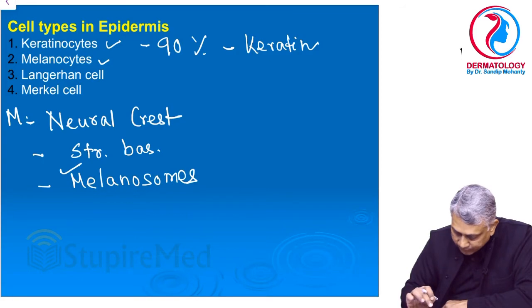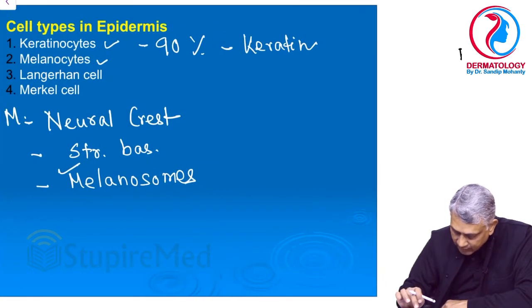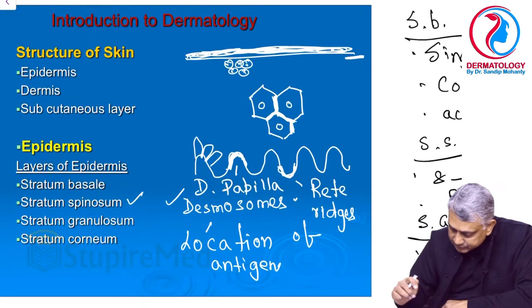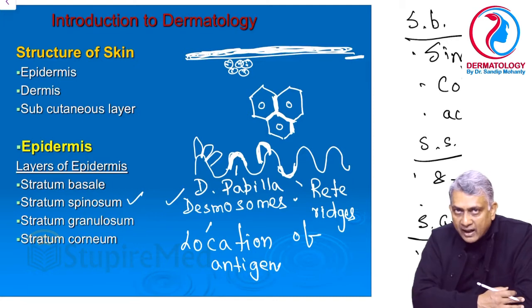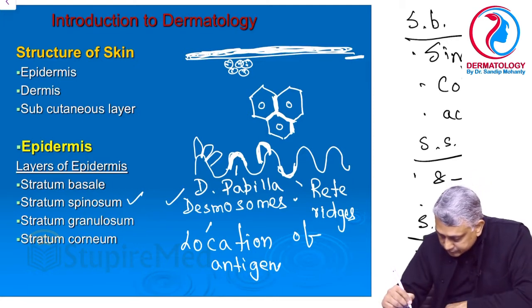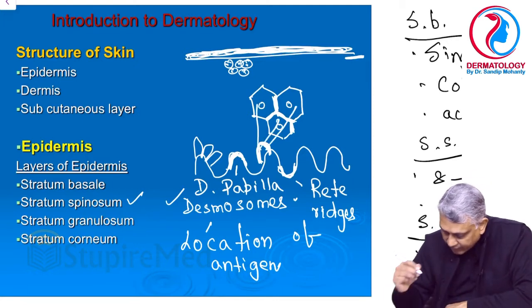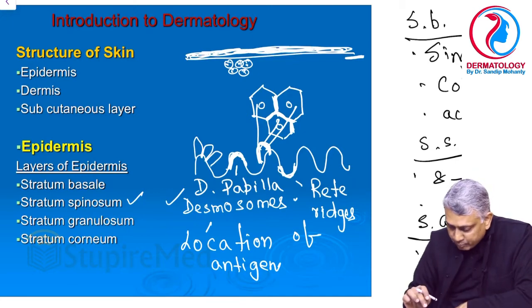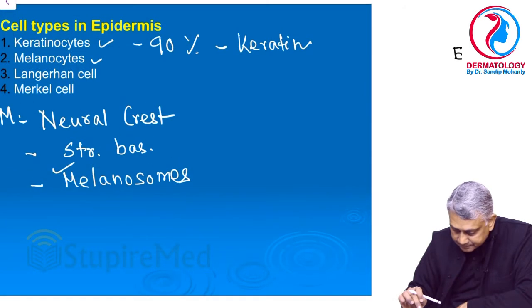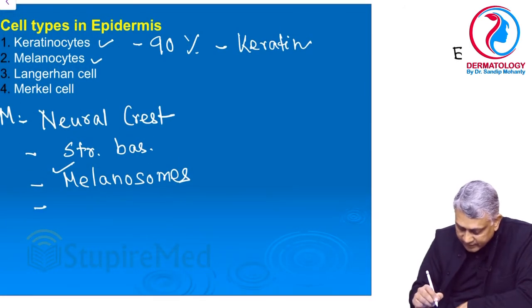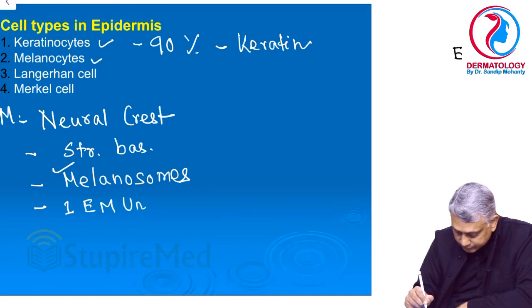So if we come here, see that melanocytes are present here in the stratum basal layer and it transfers melanin to keratinocytes. One important point to know as far as MCQ is concerned, there is a term known as one epidermal melanin unit.